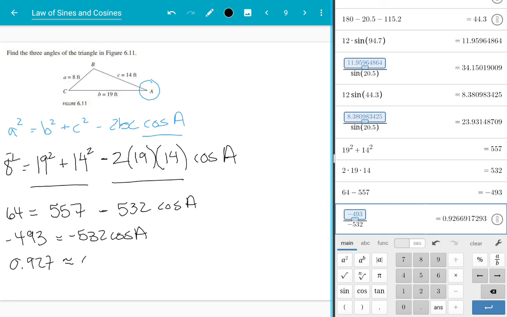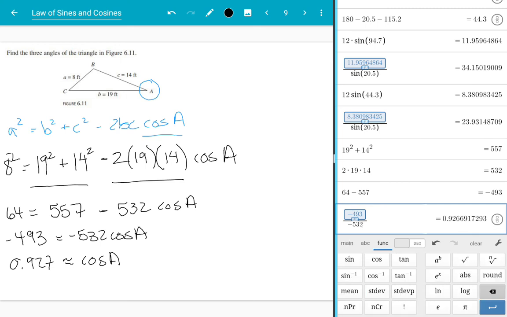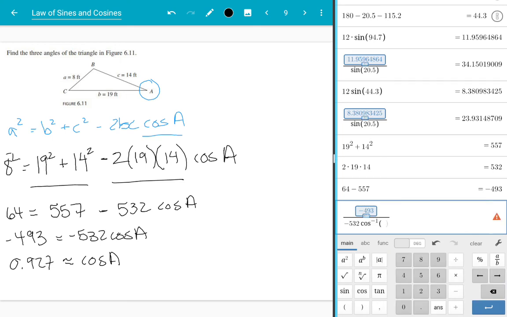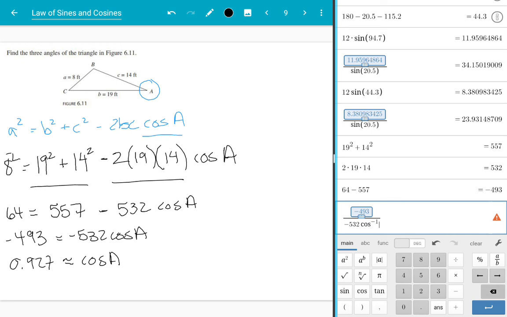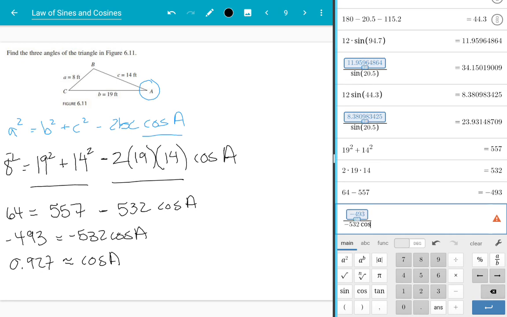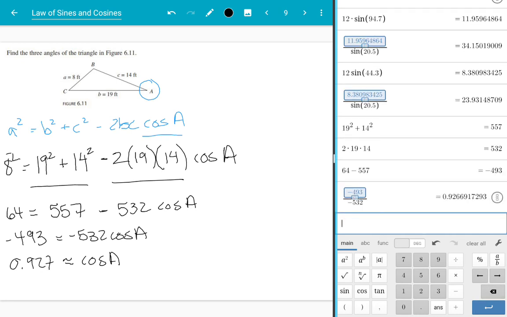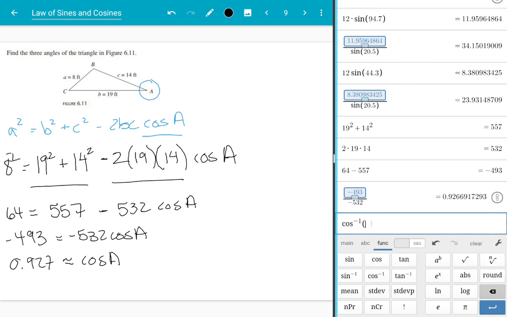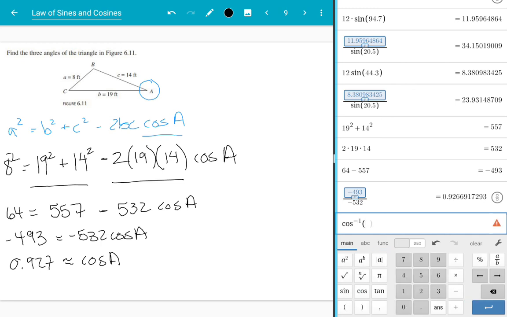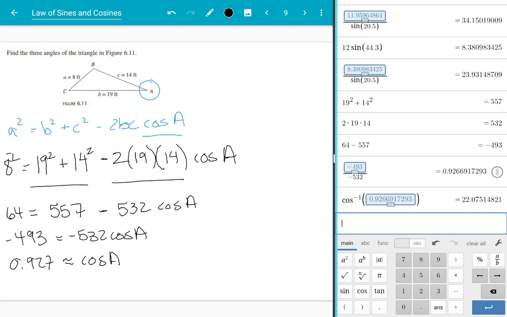It's an approximation of cosine A. So we take the cosine inverse of that ratio. So the angle A is approximately 22.1 degrees. All right, so that's how you approach using the law of cosines in this example.